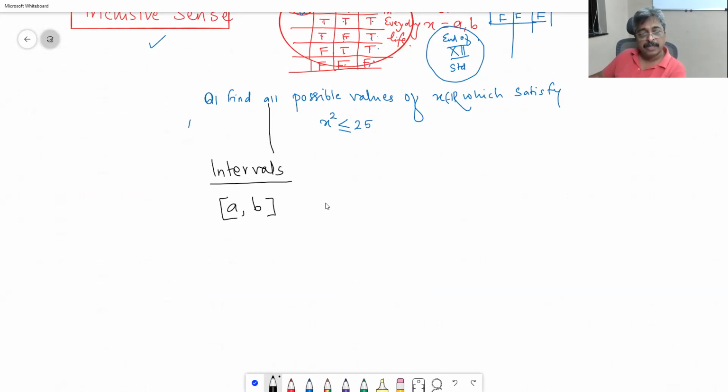Mathematically it means a is less than or equal to x is less than or equal to b. Geometrically, if you have a real number line, you have a, you have b, and all the points including a and b, between a and b. So these three are exactly the same statements. They are no different.